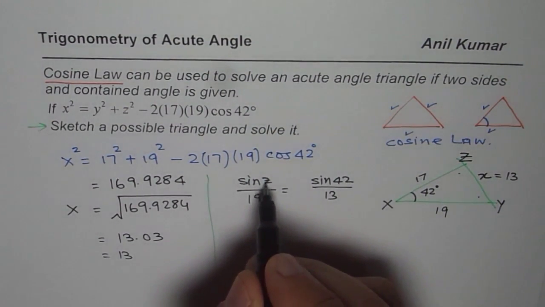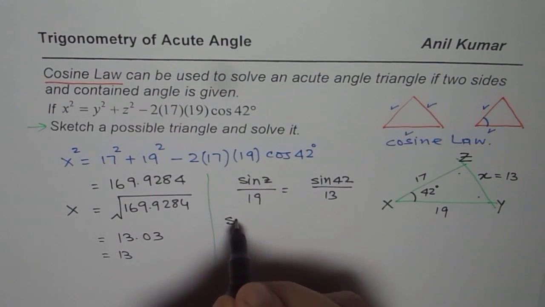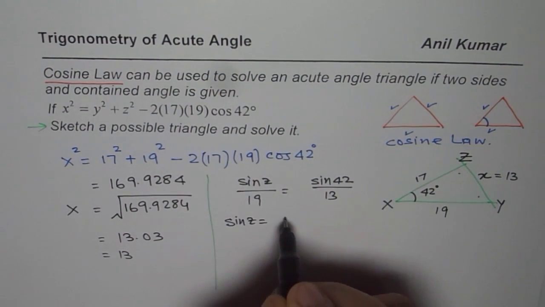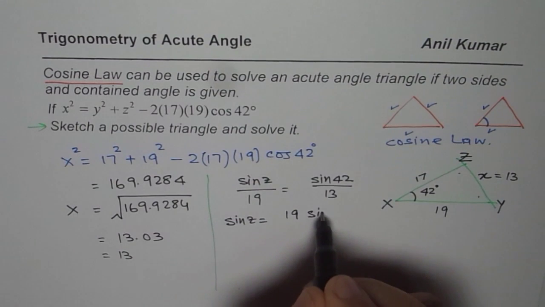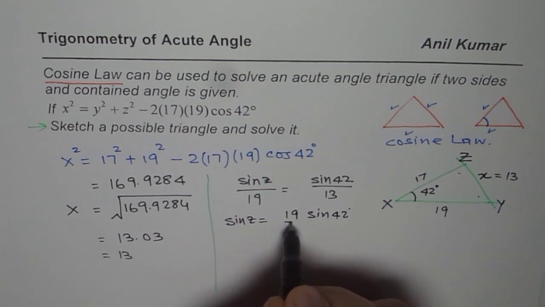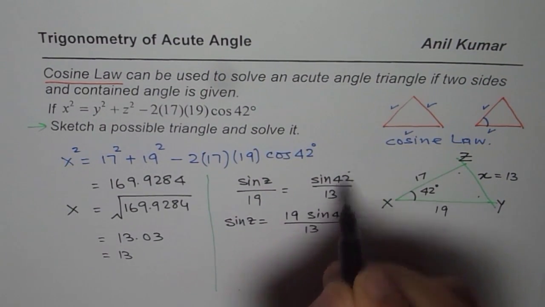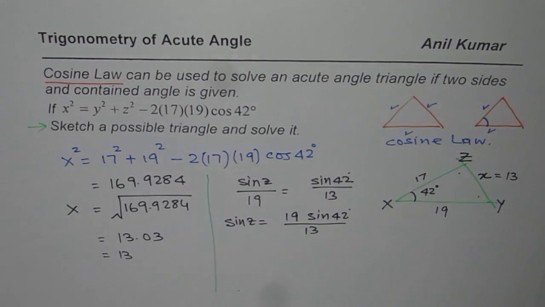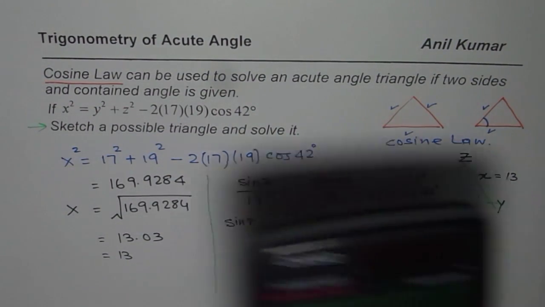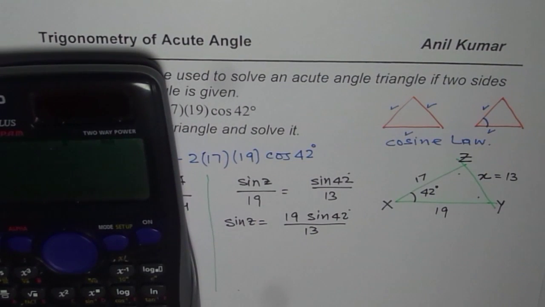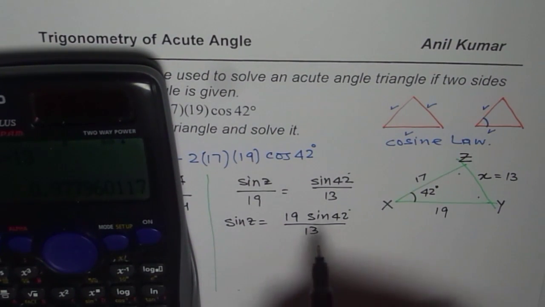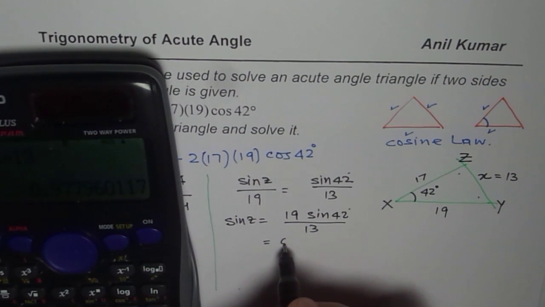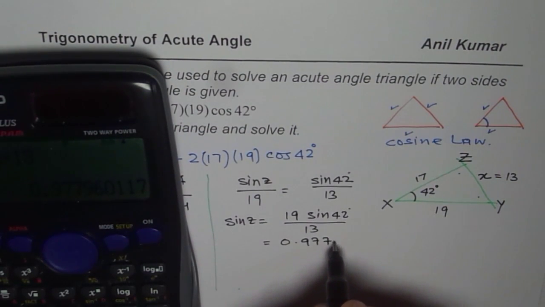So we will find what angle z is. We say sine z is equal to 19 times sine 42 degrees, okay, keep on writing degrees, over 13. Okay, so we can use the calculator. So we get 19 times sine of 42, say equal to, and then divide by 13. No harm, right? Follow these steps. So we get 0.9779.